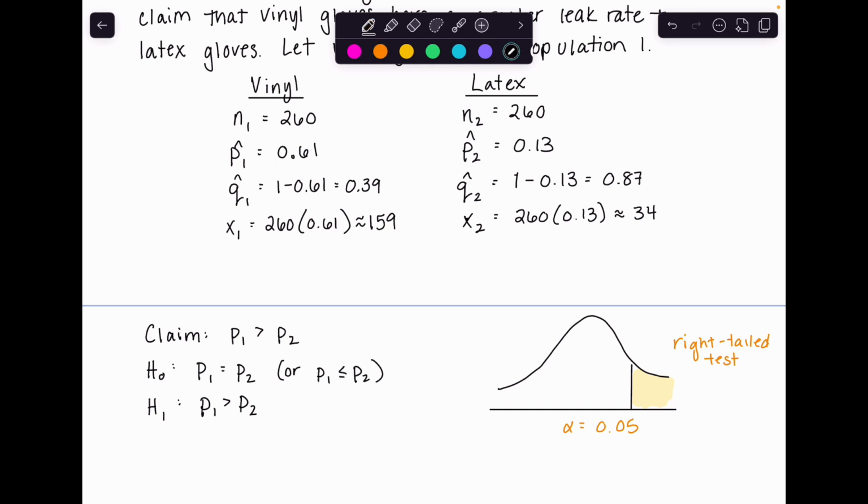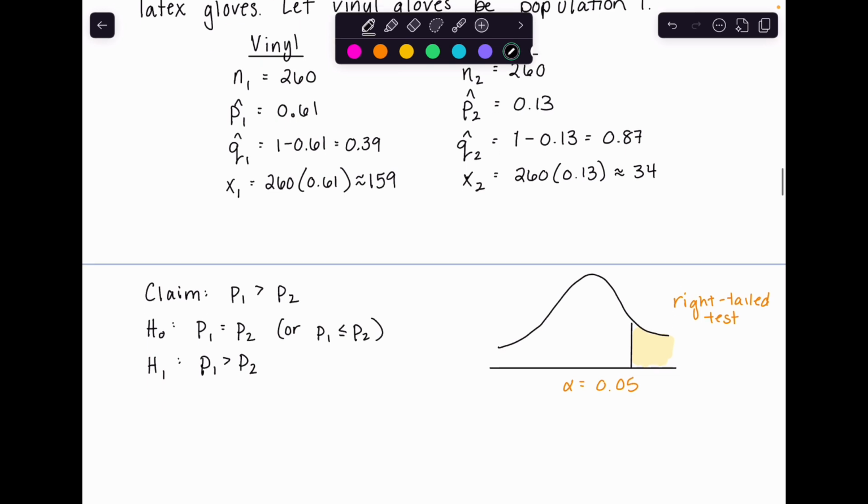So I need to find my test statistic, but before I can even do that, I need to find those pooled sample proportions. So I'm gonna start by finding those. So P bar is going to be, we add up the number of successes and then divide by the total sample size between the two.